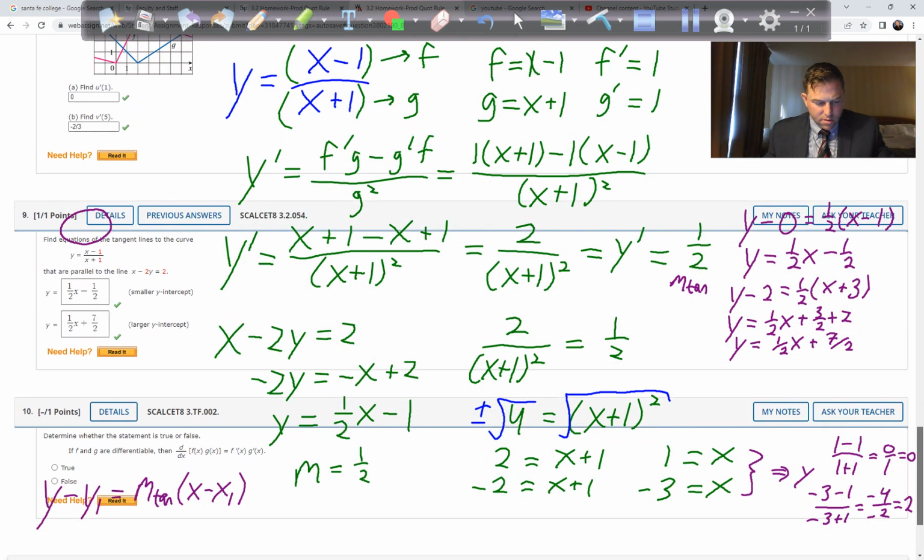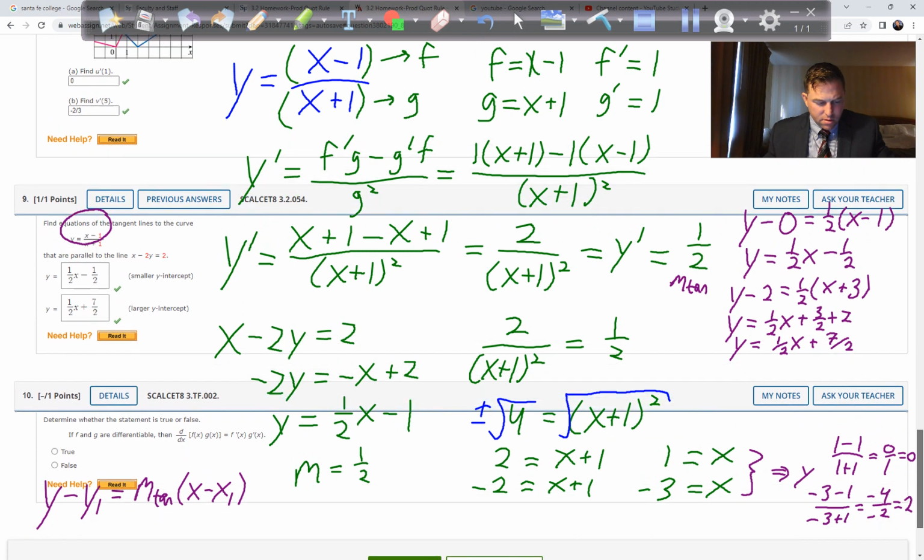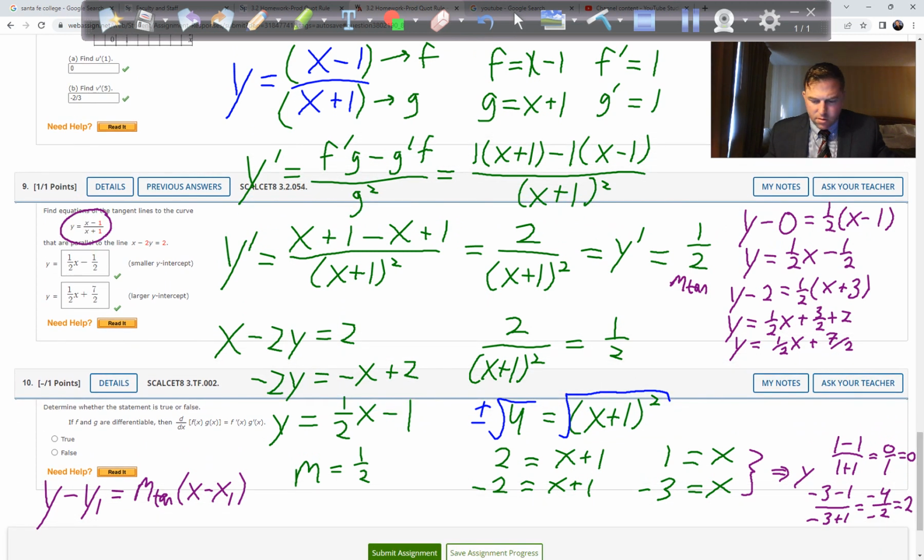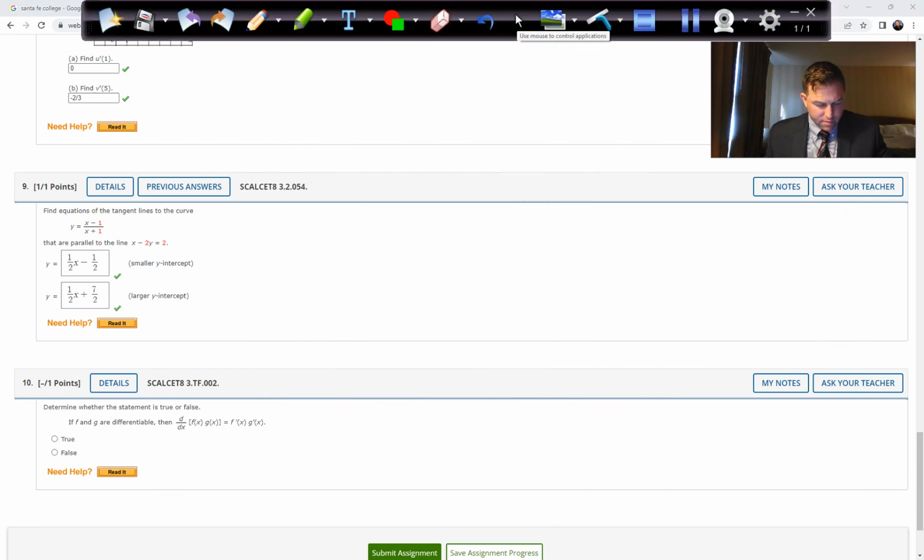So we used quotient rule. We used point slope form with a derivative as the slope of the tangent line. And then we used two different x values to get two different equations that are parallel that have different y-intercepts. Okay, last problem.